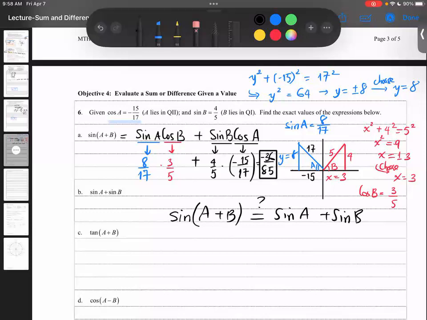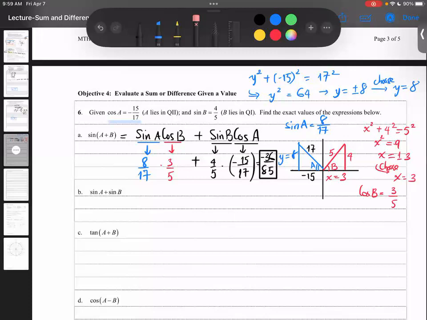I know it's very tempting, like, oh, I'm gonna distribute the sine. It's tempting, but no. Remember, A plus B is part of sine, right? It's part of your input. It's kind of like square root of 3 plus 5. It is not equal to square root of 3 plus square root of 5. You cannot split it up like that. So no, I know it's tempting, but do not distribute. The sine needs input. If you just tell me sine, it makes no sense. Right? You have to give me some angle.